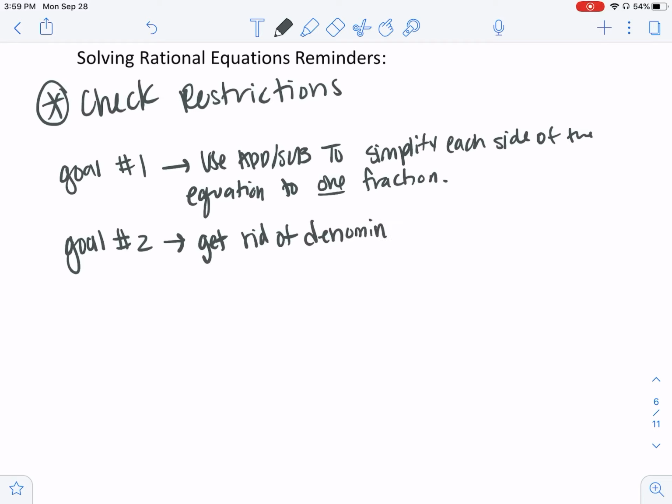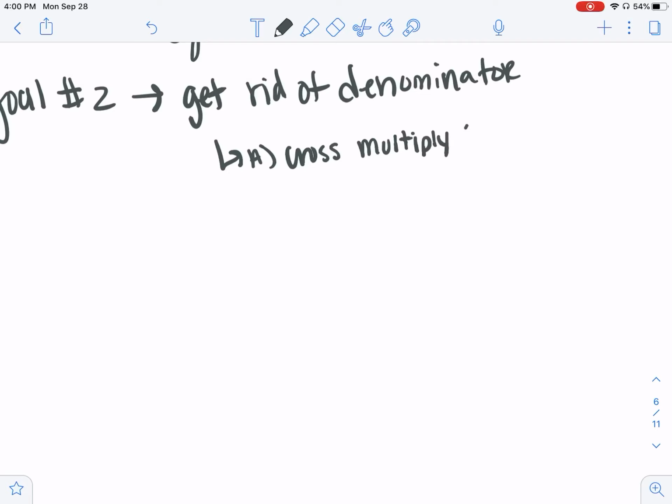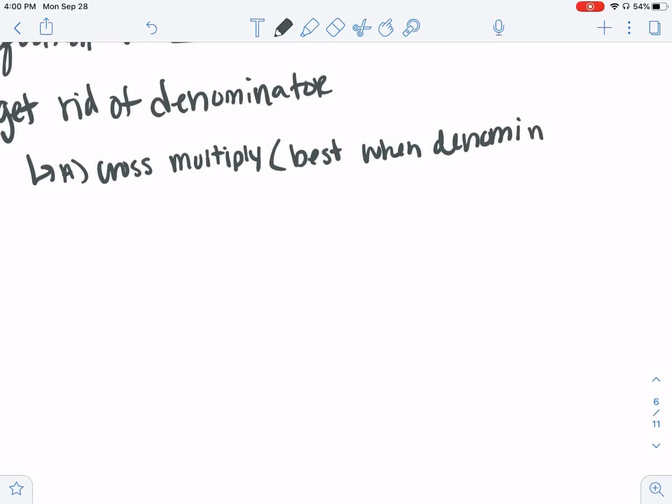At some point in a problem, we have to get rid of our denominator in order to go ahead and solve. There's really two big ways that we can do this. So one of the ways that we do it is we cross multiply. This is best when denominators have nothing in common.